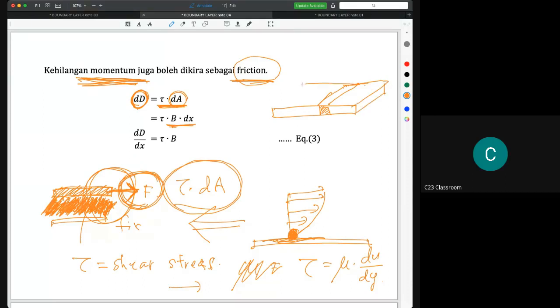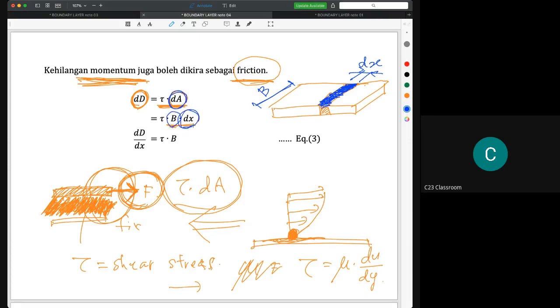If we draw it in 3D, to calculate the force according to the shear stress, we need to calculate the area. To calculate the area, we need to know the value along the x-axis, and then multiply with the width. The width is b, and because it is only a small length on the x-axis, we call it dx. That's why we replace dA with b dx.